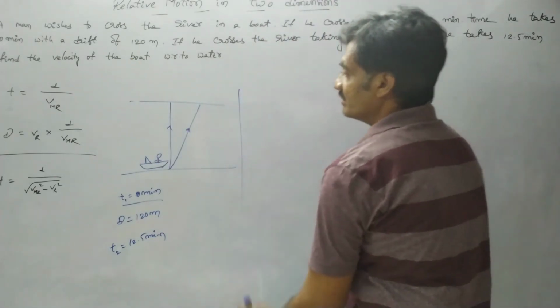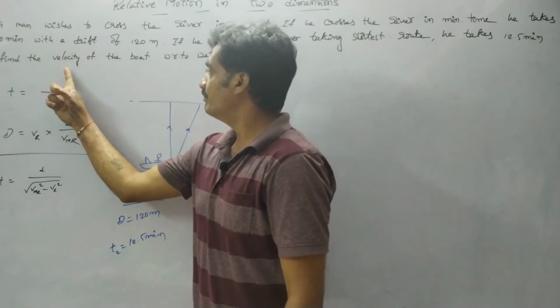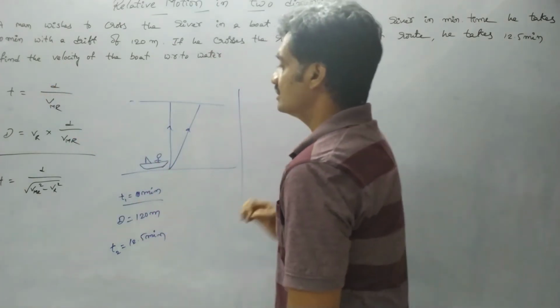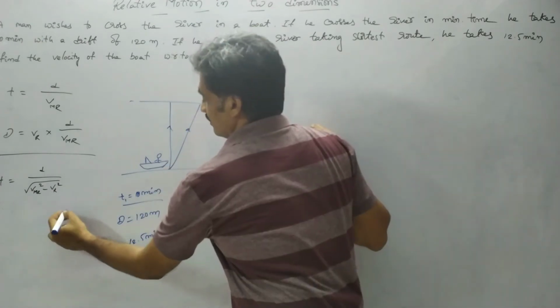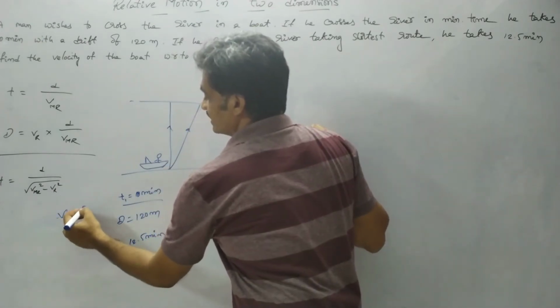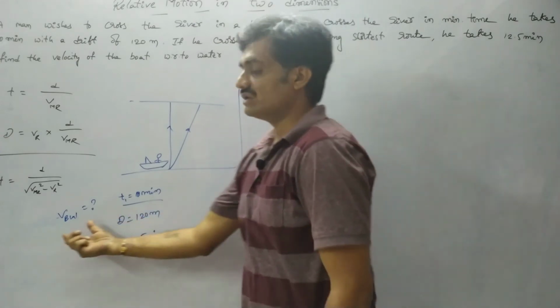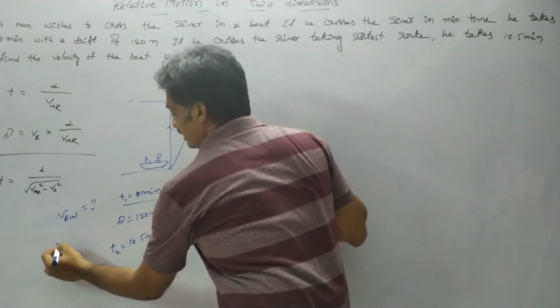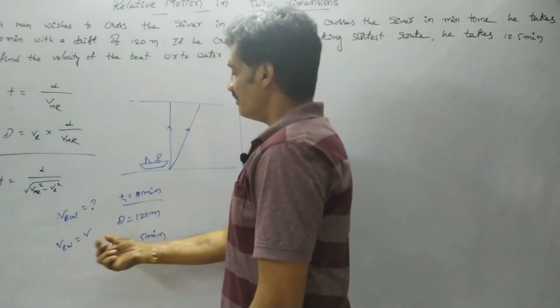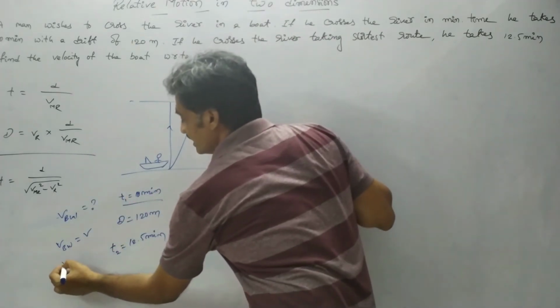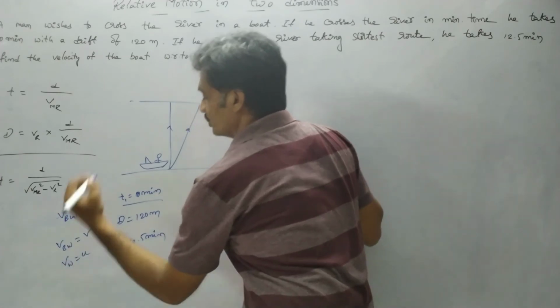Let us consider the velocity of the boat with respect to water as V_BW, equal to v, whereas the velocity of the water is represented as u.